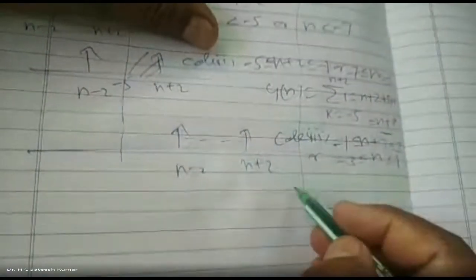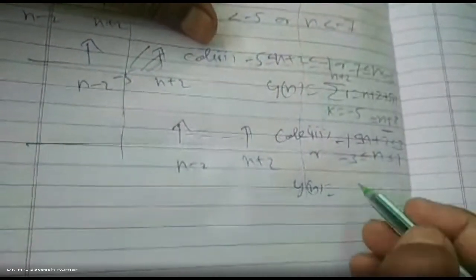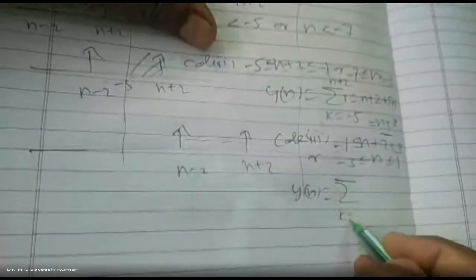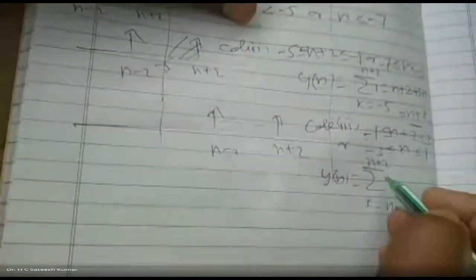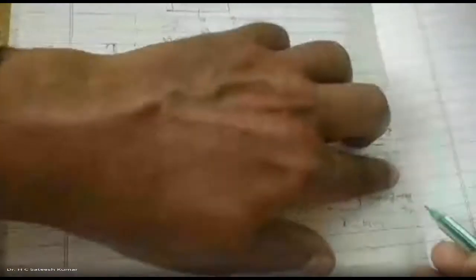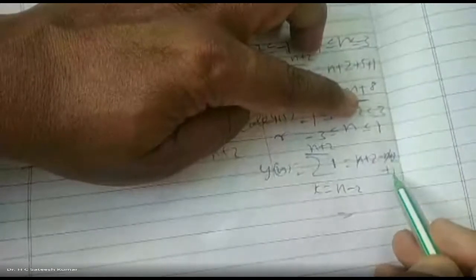This answer is y of n is equal to summation k varies from n minus 2 to n plus 2. Expected answer is 5 and multiply by 1 into 1. Okay, all of them are 1 only. It is equal to n plus 2 minus n plus 2 plus 1, which is equal to minus n plus n gets cancelled. 2 plus 2, 4 plus 1 is 5. Is the right answer.